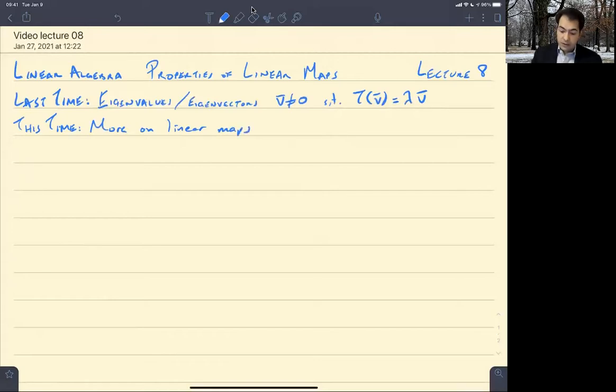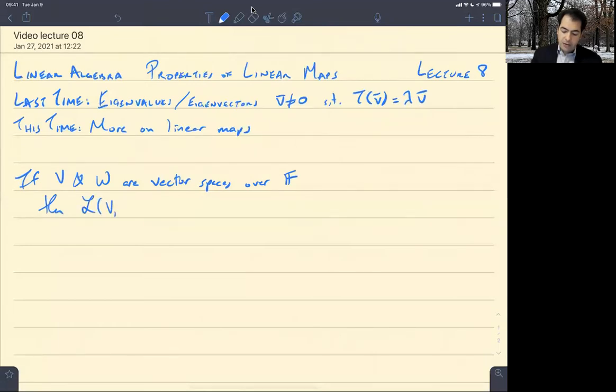So for example, let's start by noticing that if V and W are vector spaces over a given field F, then L(V, W), the linear maps between V and W, is itself a vector space over this field.